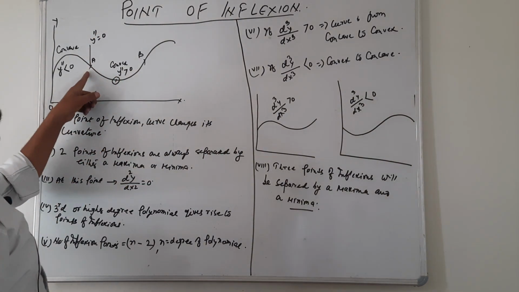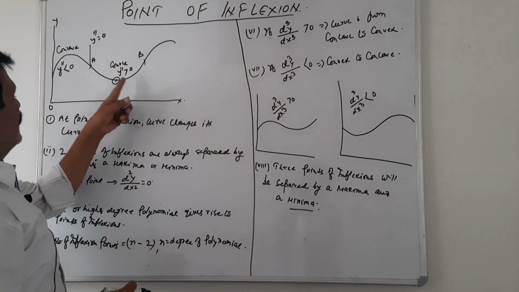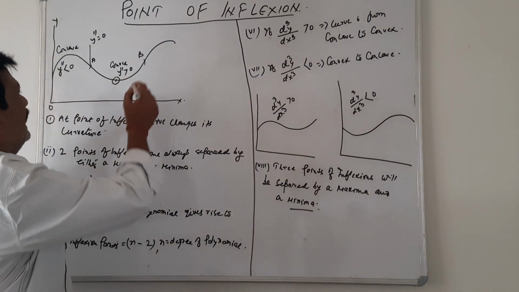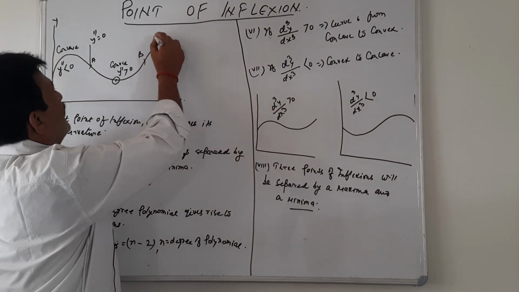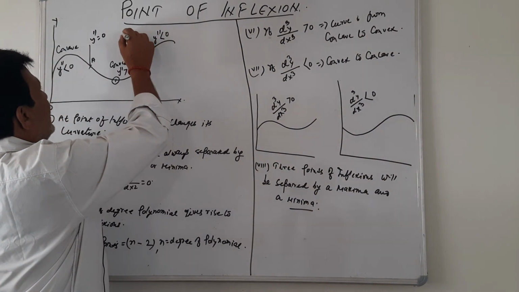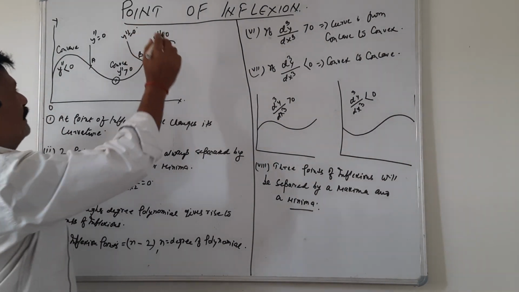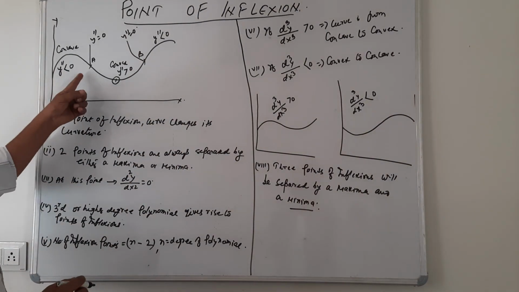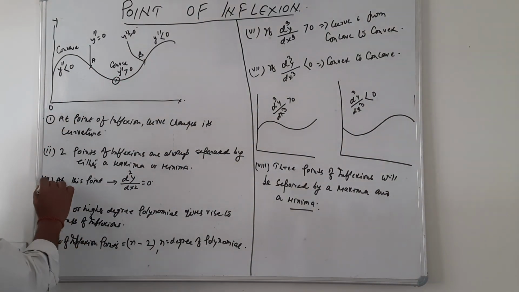Once again, from A to B, this curve is convex, second derivative positive, and beyond B, it is becoming concave, second derivative negative. So once again, at this point, the second derivative is 0. So at the point of inflection, the second derivative happens to be 0.